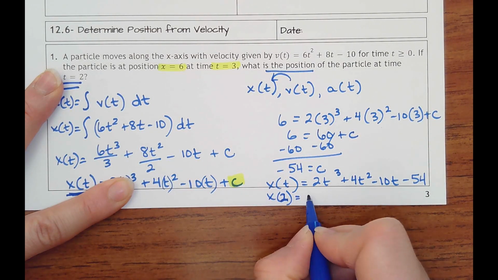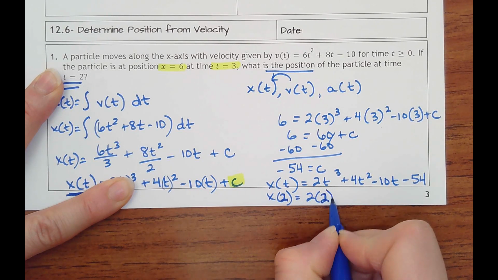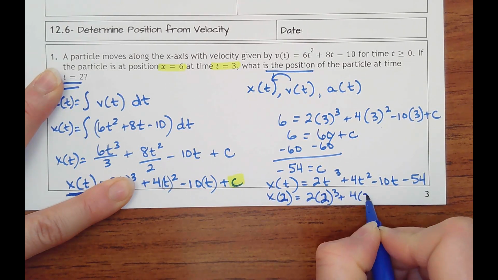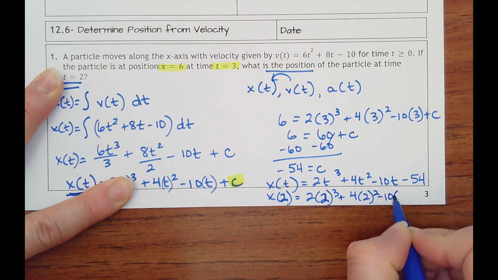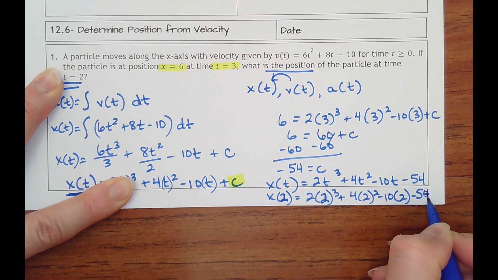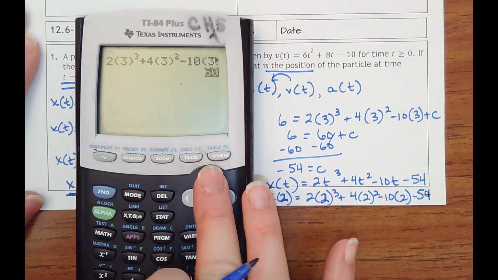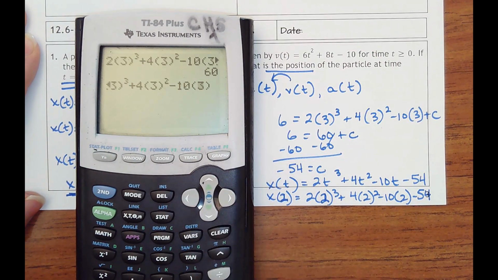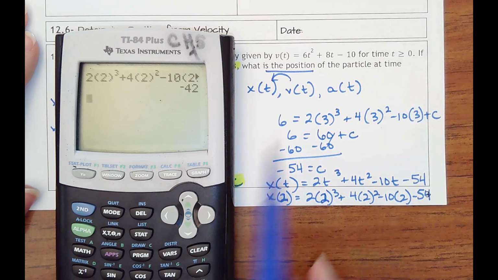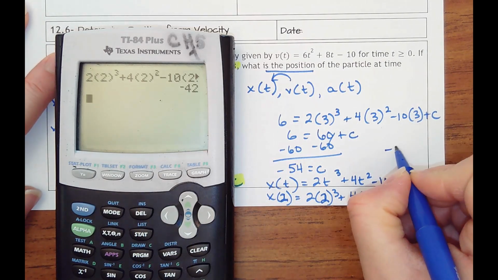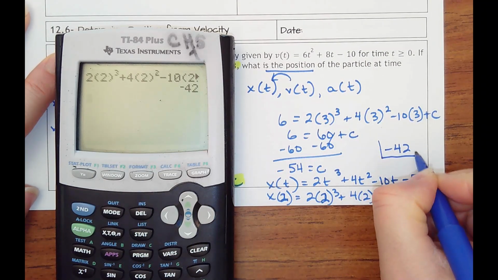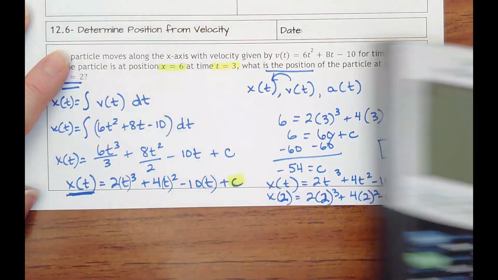So you would be taking 2 times 2 cubed plus 4 times 2 squared minus 10 times 2 minus 54, which is negative 42. So that means the particle went backwards.